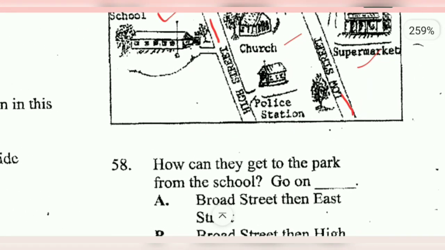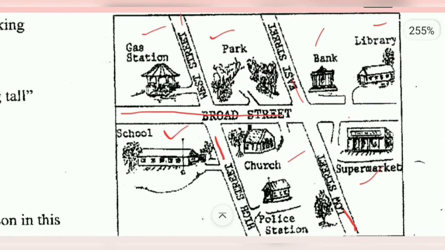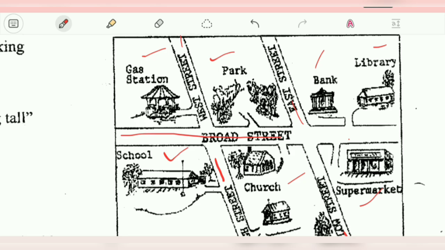How can they get to the park from the school? Alright, so A says go on Broad Street, then East Street. So find the school and see where they need to go. If they're coming from the school, they're going to have to come on High Street. The school is on High Street, so they go to Broad Street, and from Broad Street they're in the park.